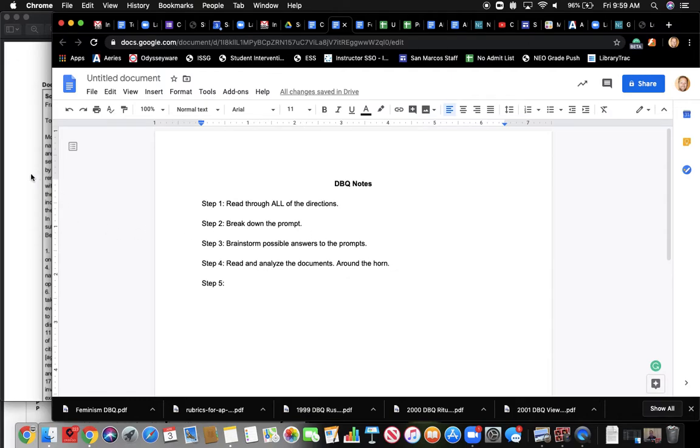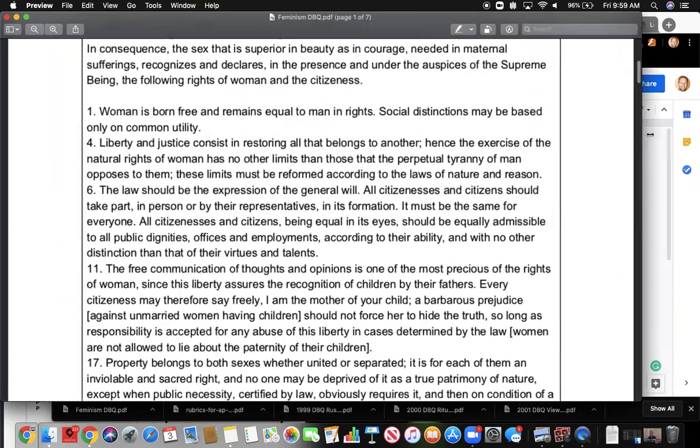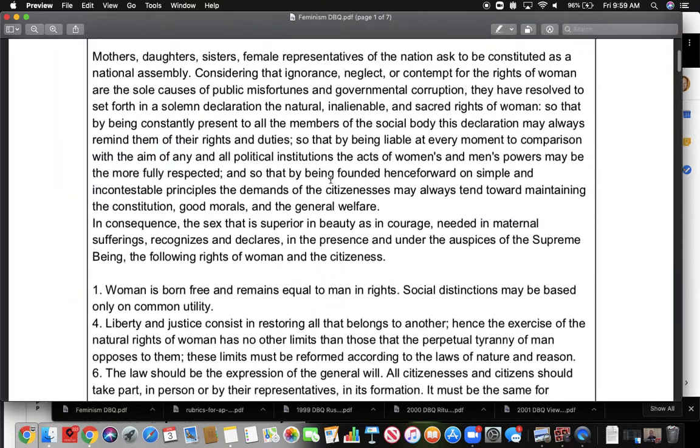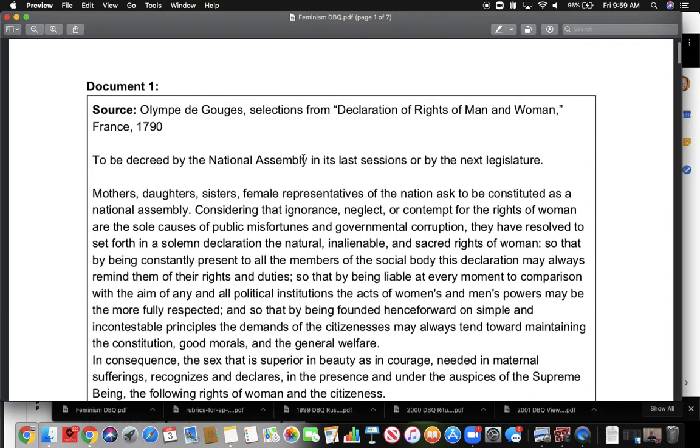So we're going to go through our document, and I'm going to go around the horn with you as we go through this. So we're going to start with document 1. Ladies and gentlemen, the first thing that I want you to do is read through the document. So the first thing you start with is the source. I want you to make sure you understand who this is. This is Olympe de Gouges.